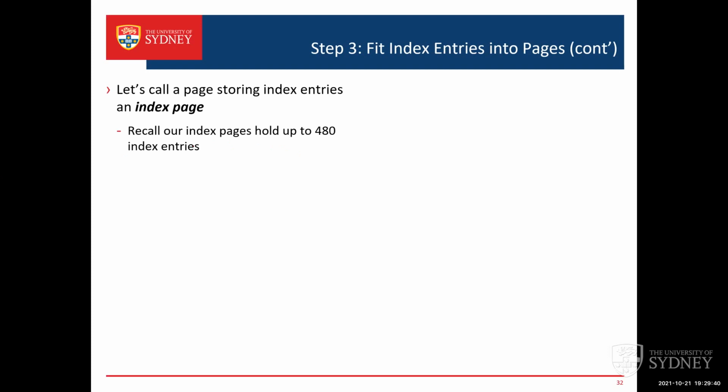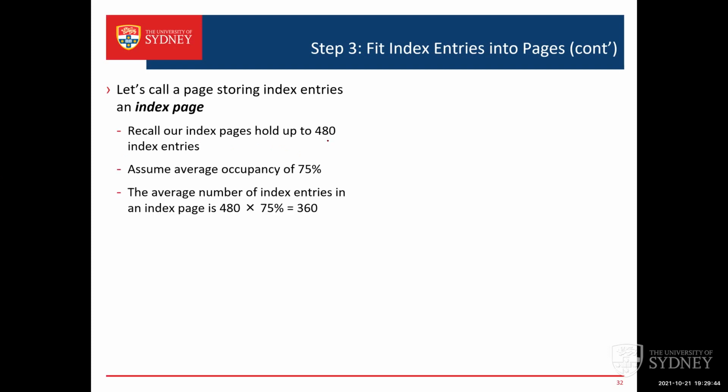So we have just calculated one page can contain 480 index entries. If we make an assumption like we did when storing the table, that not all of the pages will always be full, say all the pages will be 75% full, that simply means each page can have 360 index entries. Okay.